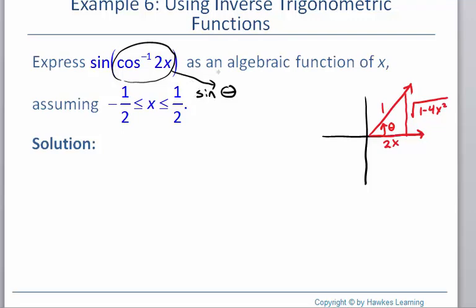So I basically need to find sine of this angle. So remember that the definition for sine is opposite over hypotenuse. So our opposite side is going to be the square root of 1 minus 4x squared. And our hypotenuse is 1. And so as we simplify this, we don't need to write it over 1. We're going to write as our final answer the square root of 1 minus 4x squared.